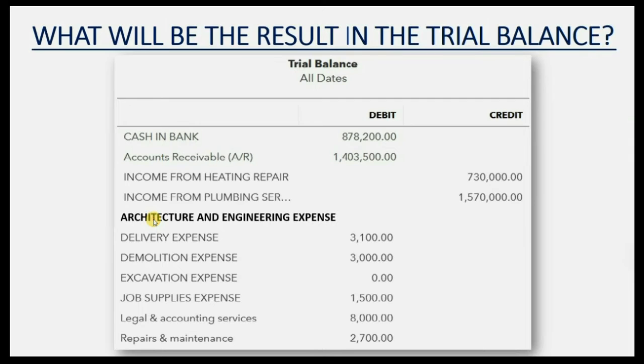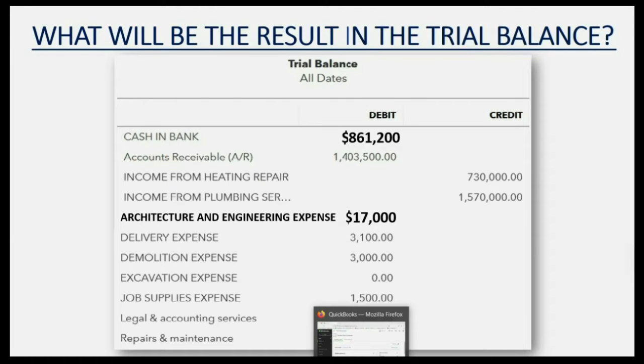Well, architect and engineering expense will show up for the first time as $17,000, and because we just paid $17,000 from cash, cash in bank will decrease by the $17,000 and become $861,200. So let's quickly go ahead and record this new expense.